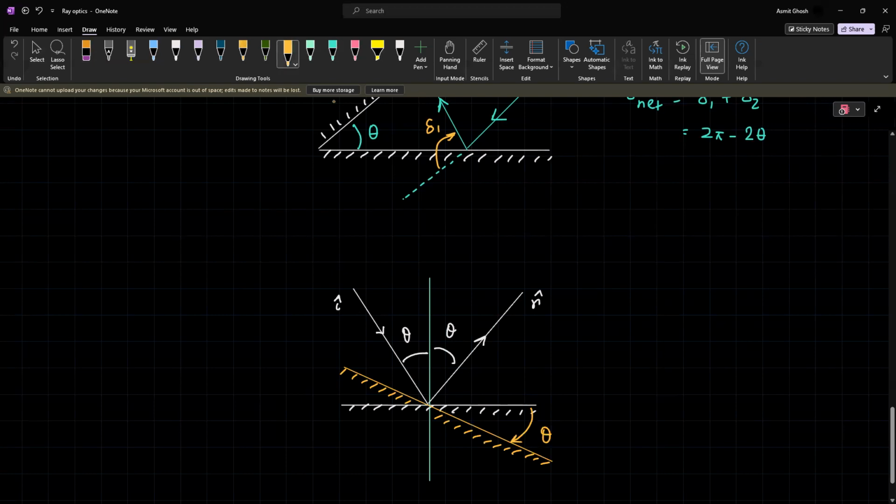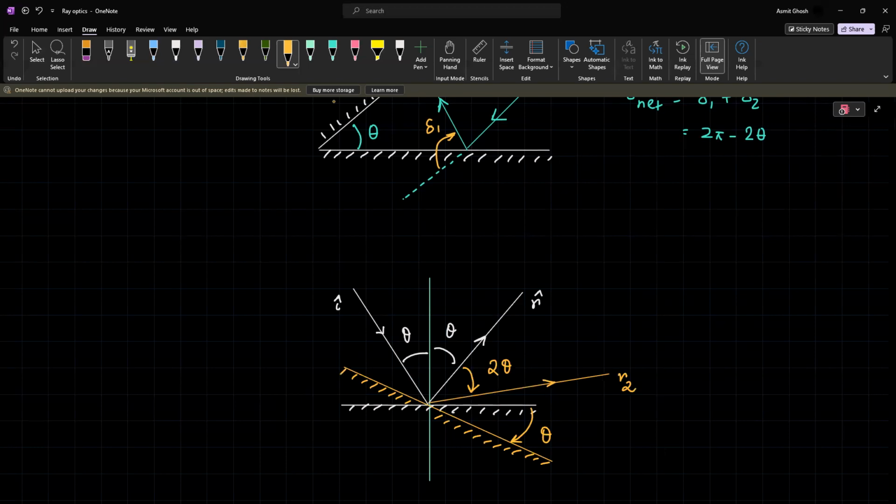Then if this is the new reflected ray R2, then the deflection of this reflected ray will increase by 2 theta.